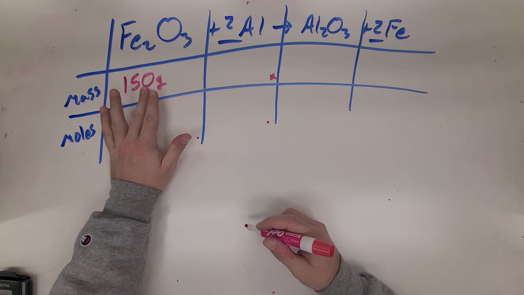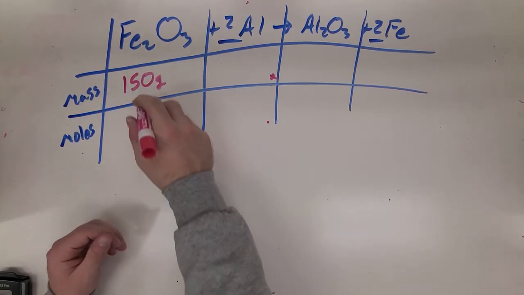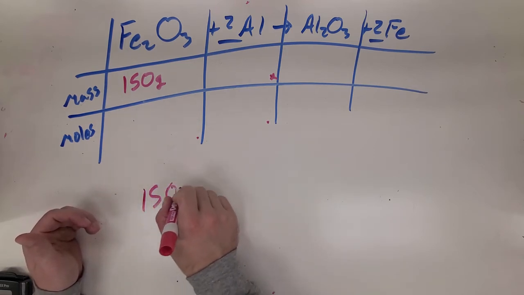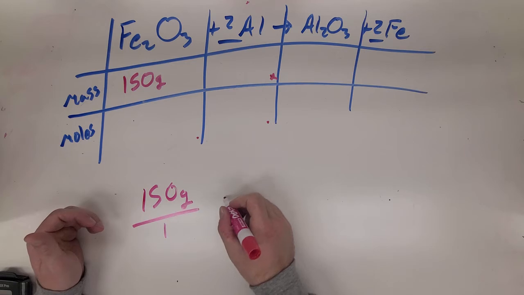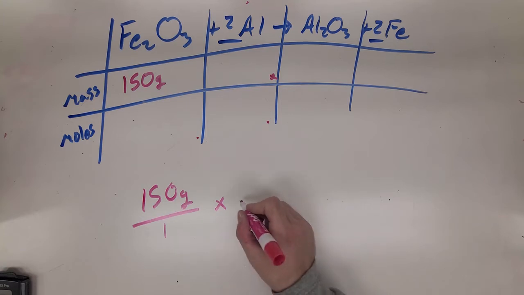Okay, to go from grams of iron oxide to moles, we need to multiply by the molar mass of iron oxide. So we'll start with 150 grams. Multiply that by a unit conversion factor that contains the molar mass.